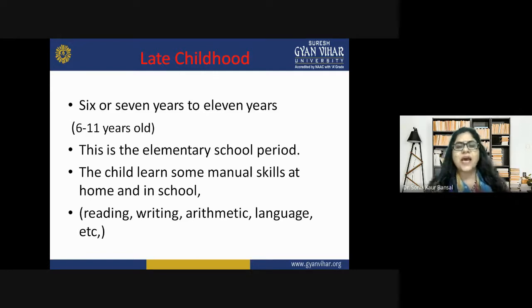At this time the child is exposed to another world also. The child is going to school and has his own classmates. Physically, mentally, emotionally, and socially, the child is showing many characteristics. This is how the elementary school period is very important, because in this time the manual skills are learned by the child. So this is called the late childhood period.